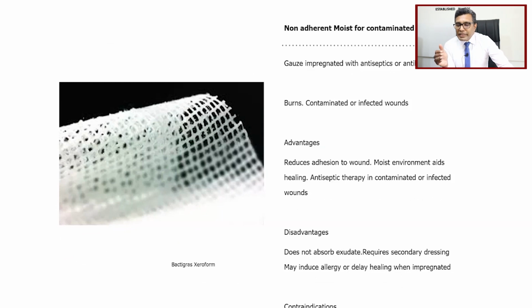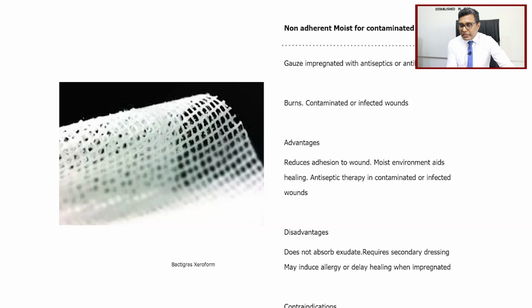Now we have dressings impregnated with antiseptics or antibiotics. There are a couple of tulle dressings that have antibiotic impregnated, especially fusidic acid impregnated ones, and also chlorhexidine impregnated tulle dressing. These can be used on infected wounds after cleaning, or contaminated wounds, and also burns.